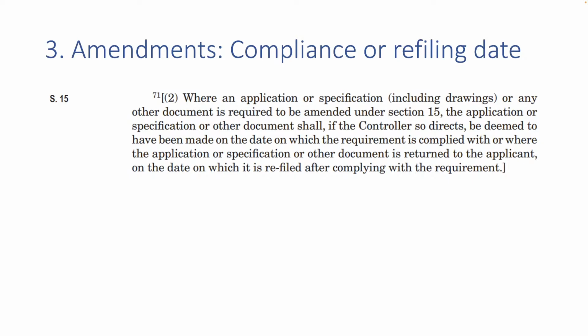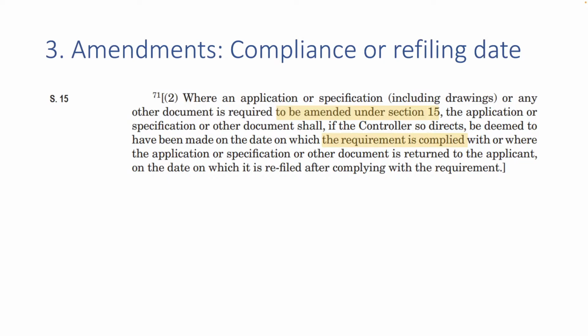Now we get this in 17(2), where the cross-referred section is section 15. That when the application, specification or other document is required to be amended under section 15, it shall, if the controller so directs, be deemed to have been made on the date on which the requirement is complied with.